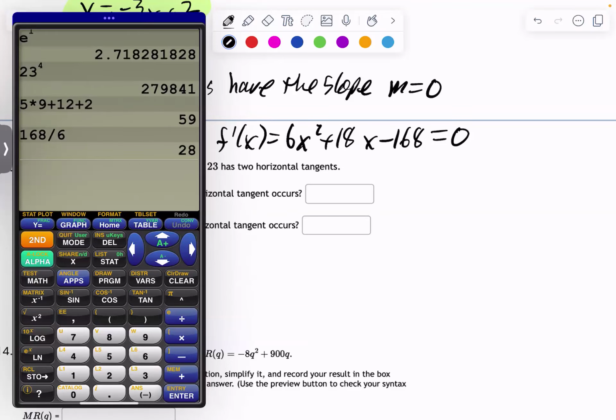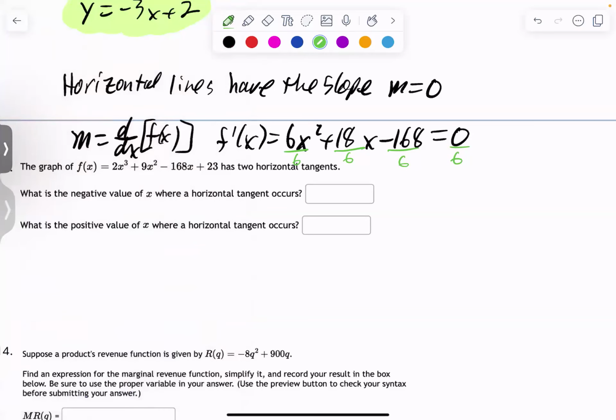So I'm going to divide through by 6 just to keep it easier. You don't have to do this, it's just, again, to make it easier. So this gives me x squared plus 3x minus 28, when I divide through by 6.